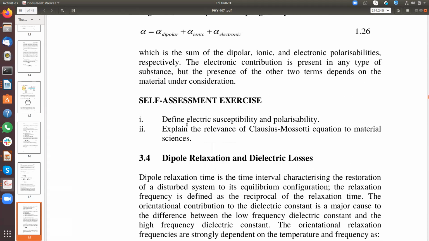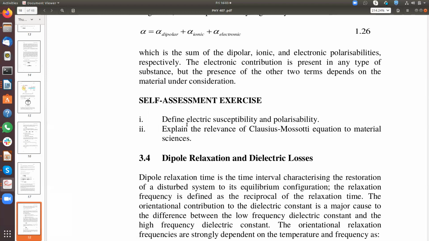Now, these are a few questions you are expected to answer yourself by using the note. You are expected to be able to define electric susceptibility and also polarizability. All these definitions have been stated in the note, so if you go through the note, you should be able to extract them.